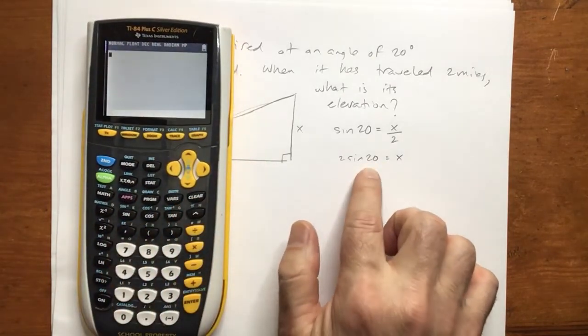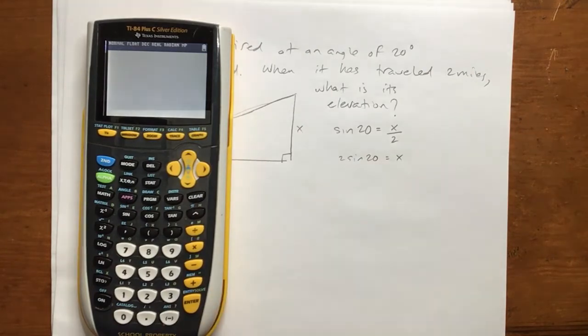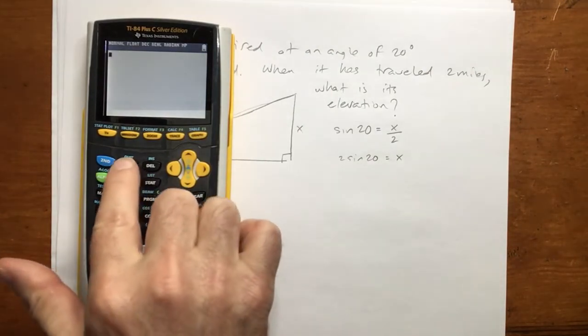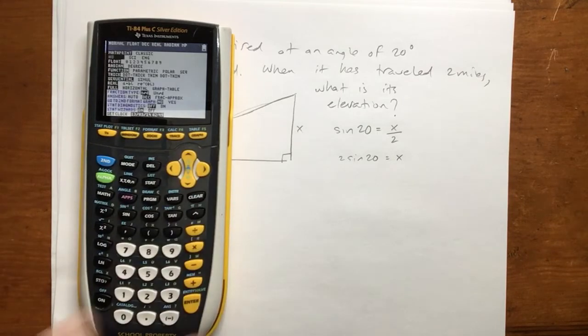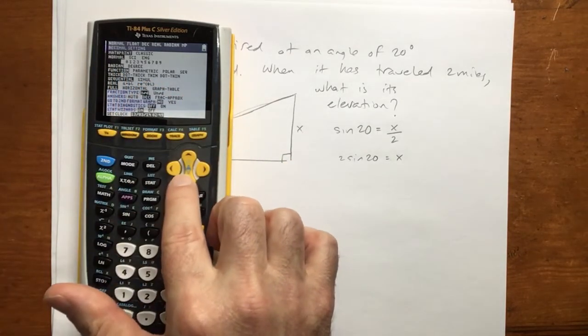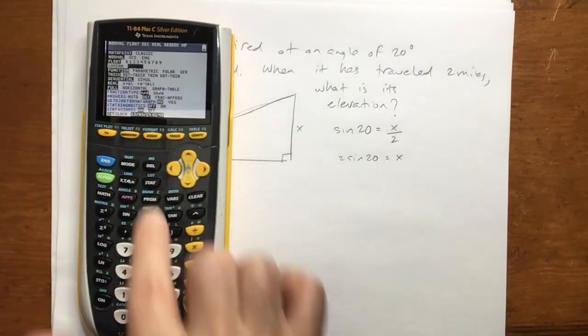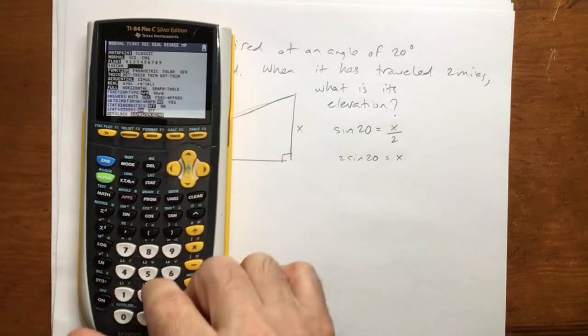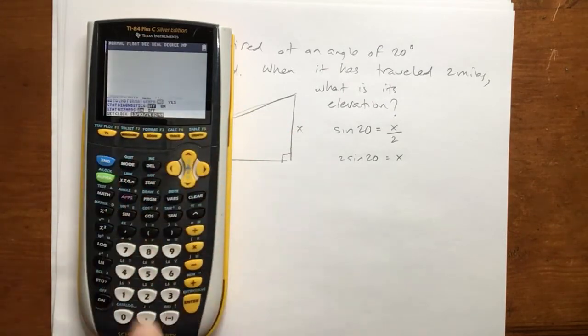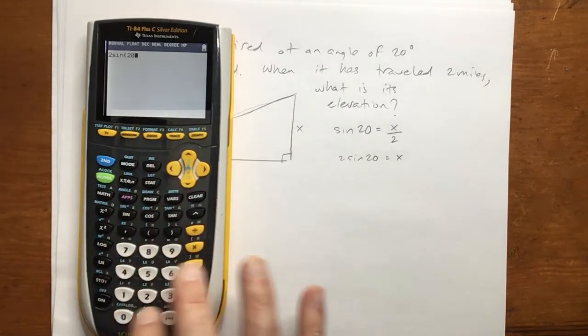And so I want to remember how to enter this. If your calculator has gone into default mode, or if you've been doing later math, you'll be in radian mode. In this chapter, we learn what that means. But for this problem, we want to change to degree mode. So I hit mode, went down, hit degree. Okay, now hit enter. And then I just type in 2 times the sine of 20.